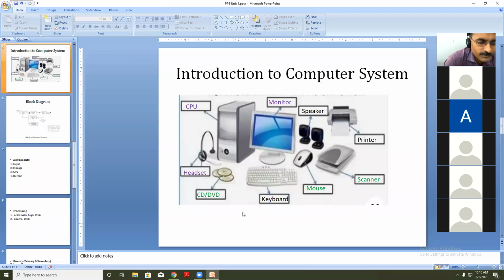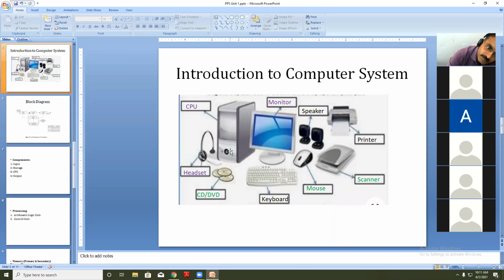Now, these are all the components or devices that together form a computer system. It is not necessary all the time to connect the printer or the scanner to the system.